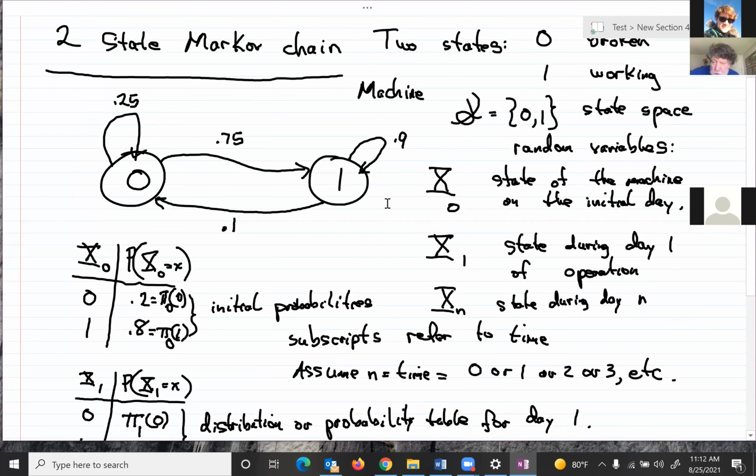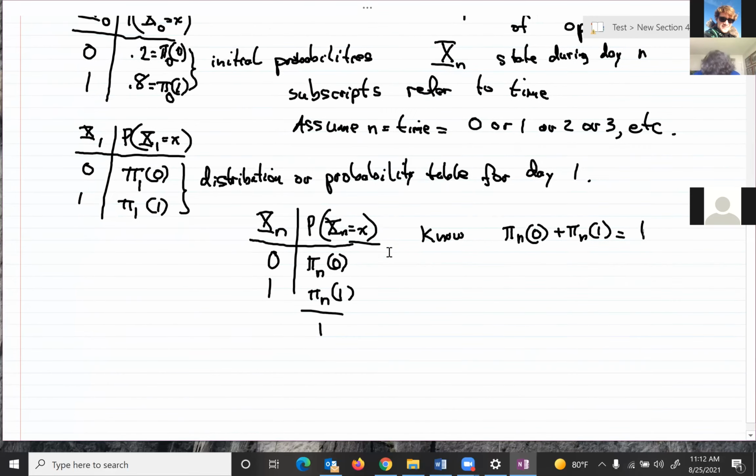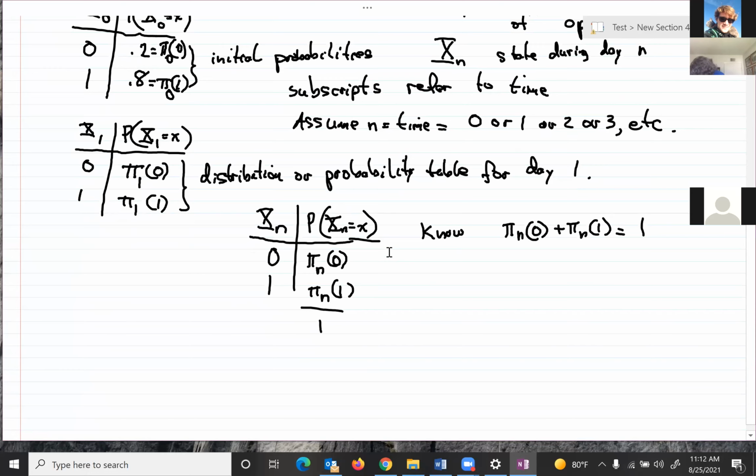Okay, so let's make that formal. So here's our symbols for this. Suppose we're transitioning from 0 to 0. So this is supposed to convey the probability of going from state 0 back to itself in perhaps 1 unit of time, so that you can think of that during 1 day.